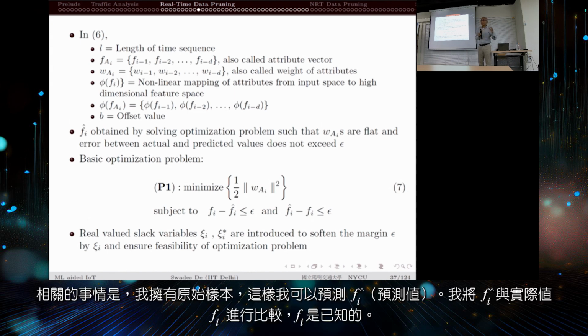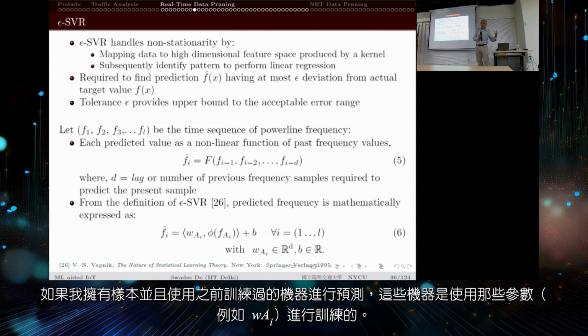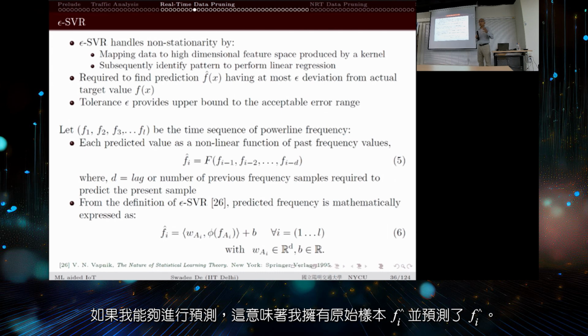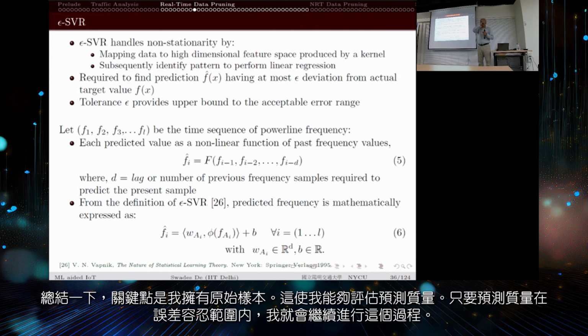The associated thing is that I have the raw samples with me, and that is how I am predicting Fi hat and comparing it with Fi. Fi, the ith sample, is with me, and I am also predicting using my previously trained machine, trained using those parameters, the alphas, wi's, etc. If my predicted value is close to that Fi, then I will declare it redundant. So the key point to take away is that my raw samples are with me.